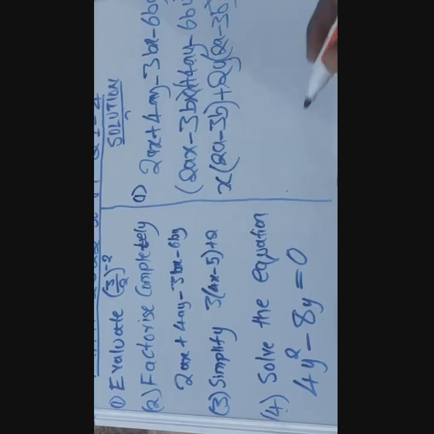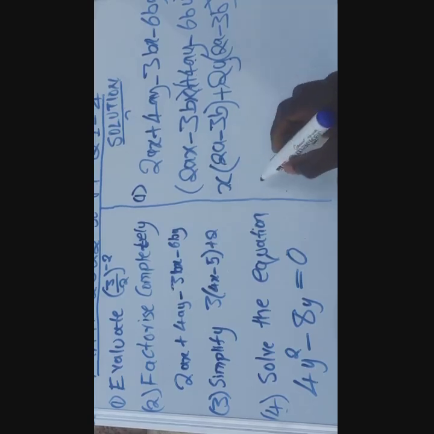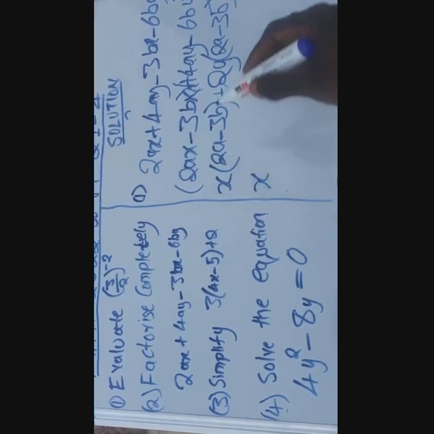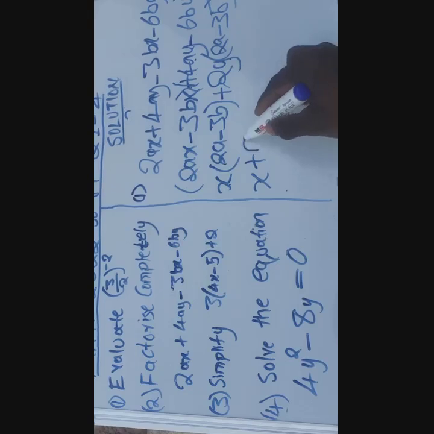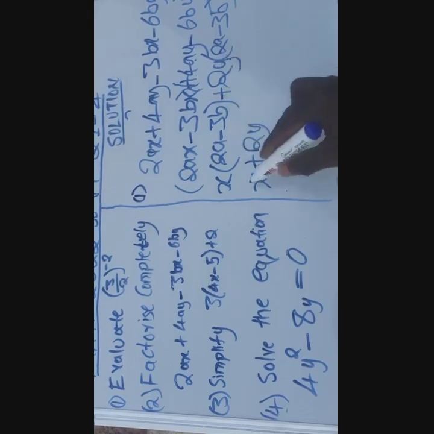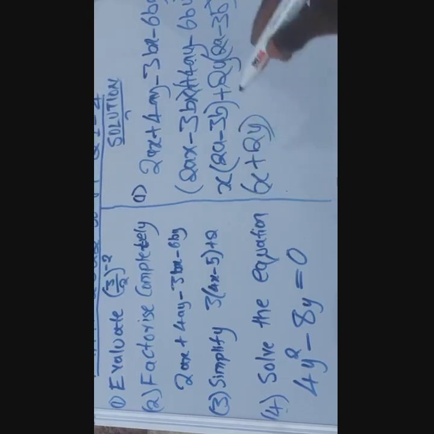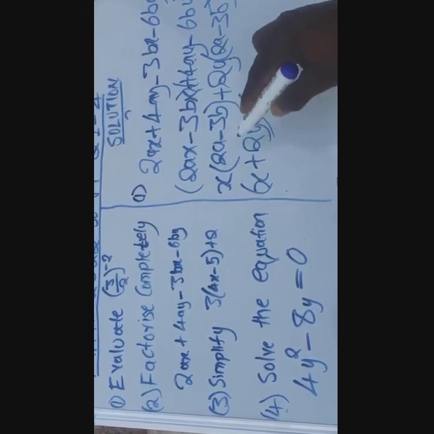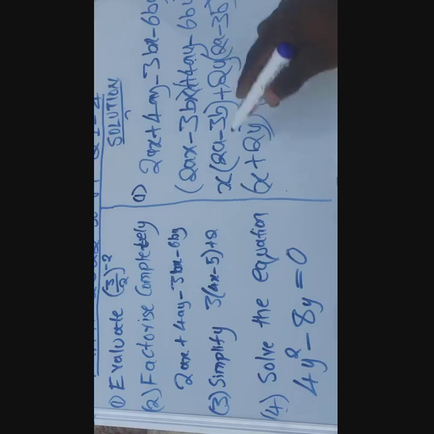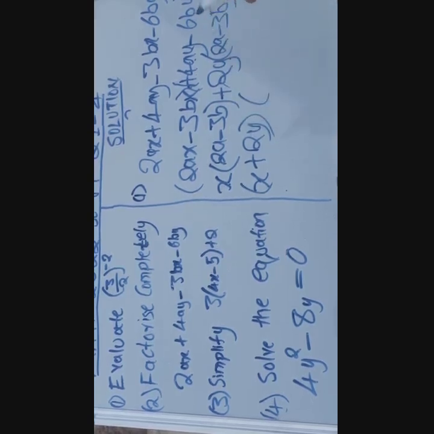So the next step that you have to take now, you have to get everything that is outside the brackets and put them together. So we are going to have x here plus 2y, which is here. Then we are going to put them in brackets. Then between the two, these that are in the brackets, we are just going to get 1.